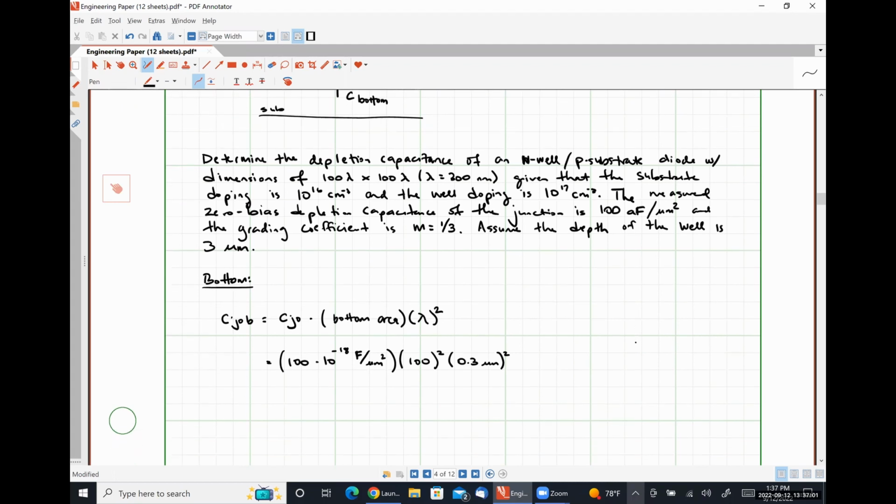And hopefully we can see here how the units will work out to give us just a particular value of capacitance, right? So if we throw numbers in here, we wind up getting 90 femtofarads.